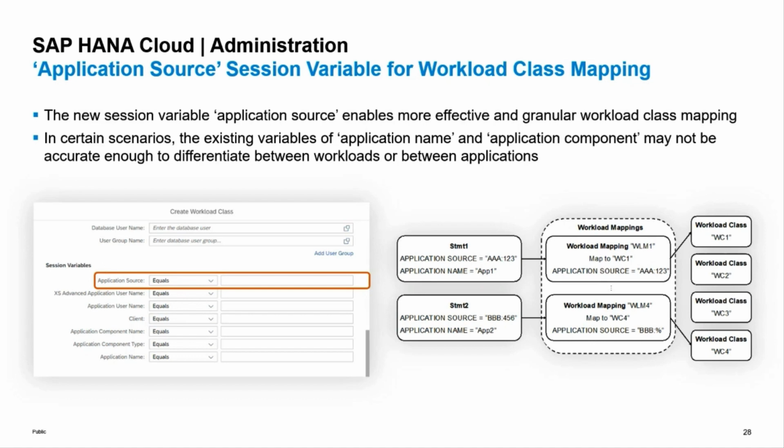And on the right-hand side of the screen, you see an example of what you can do when you set up the application source, and what happens once you create a mapping that uses the application source. This will allow you to go to a specific workload class that you've defined based on that specific variable. So it's just another way for you to have more control over how the workload class is used in your deployment.